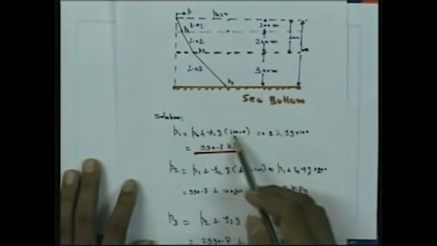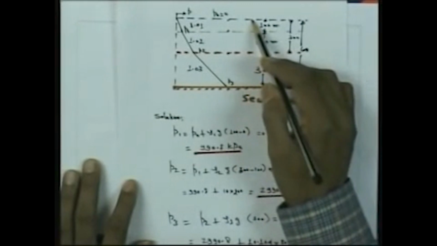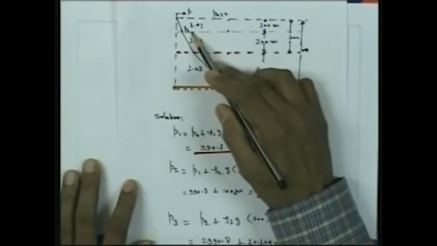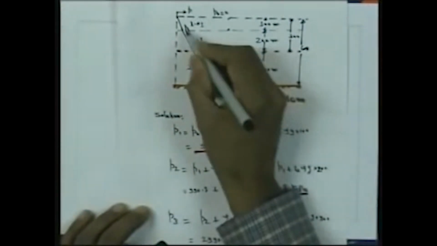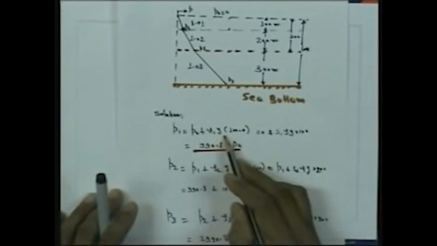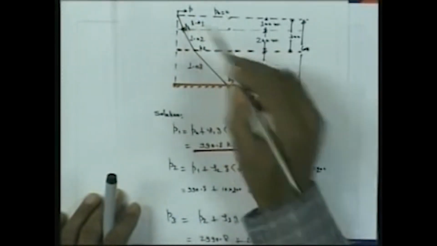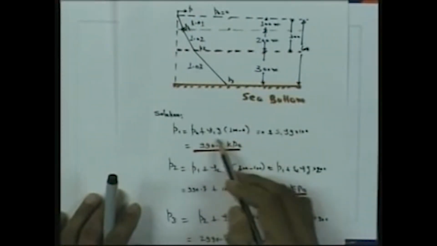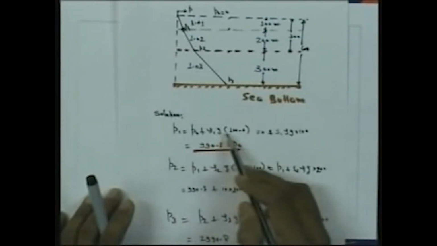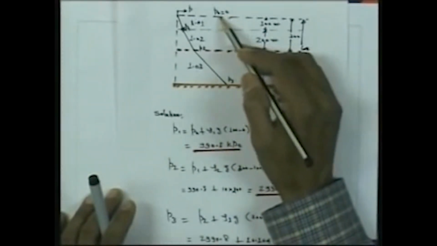The depth is 100 meter, so P1 is equal to P0 plus rho 1 g into 100 minus 0, since we are measuring the datum on the surface.